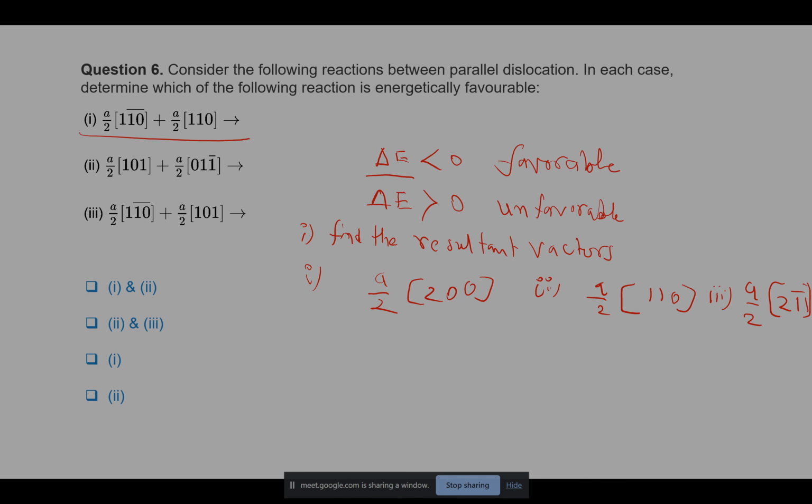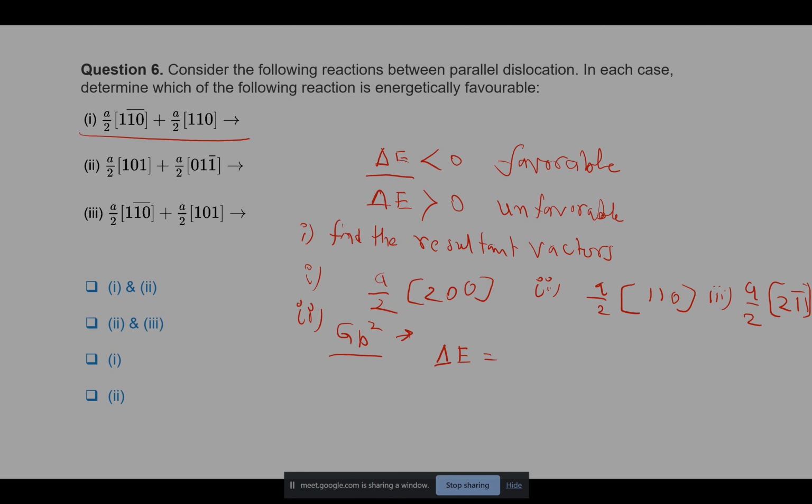Now we have to find the energy per unit length of dislocation, which is G b square. We know that, so we don't have to find this one. We have to find the change in energy.